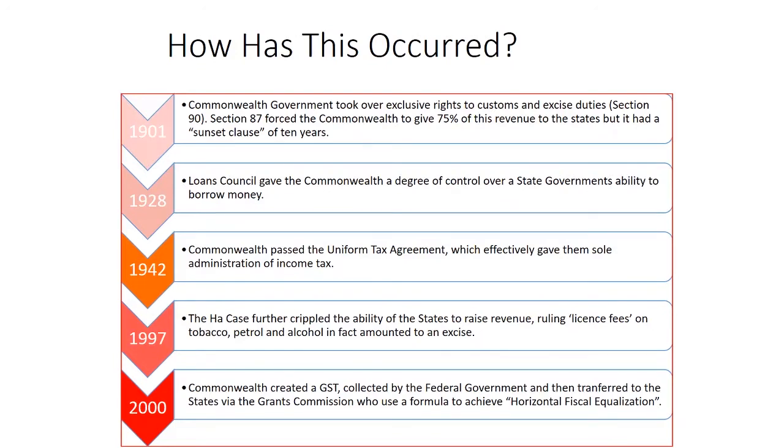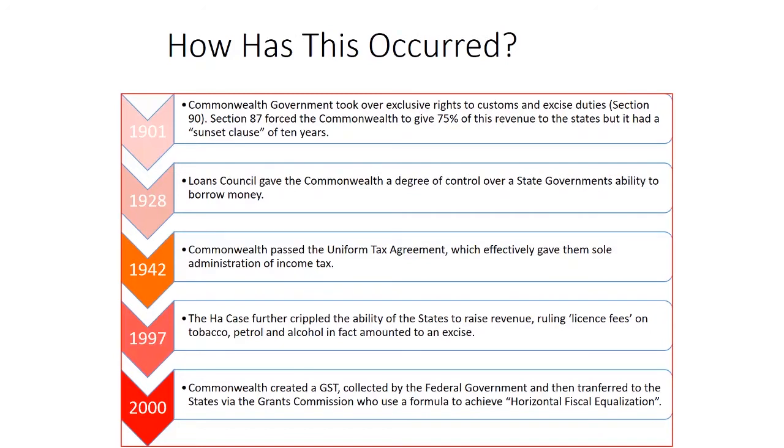Then we have the Uniform Tax Agreement in the middle of World War II, which of course is incredibly important, because this was the series of laws which enabled the federal government to take all the income tax.